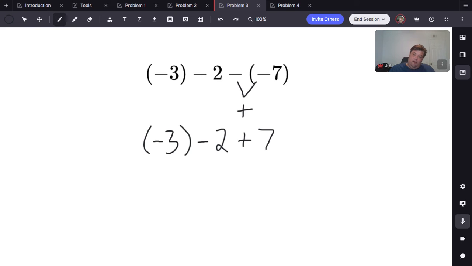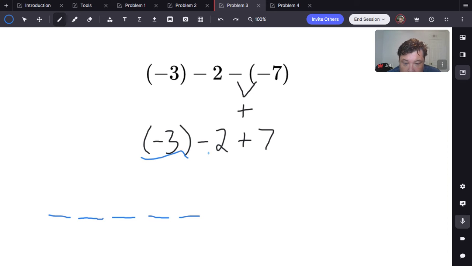All right. So now we're going to use the same technique we did last time. We've got a -3, so I'm going to write 3 negatives. And now we've got a -2, but a minus is really the same thing as a negative, right? You can treat it just like a negative. So that's an additional 2 negatives. So now we've got 5 negatives total.